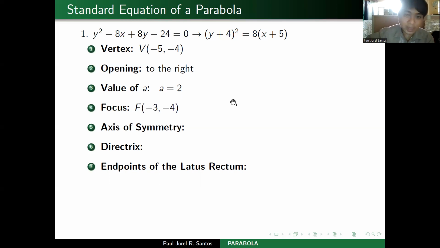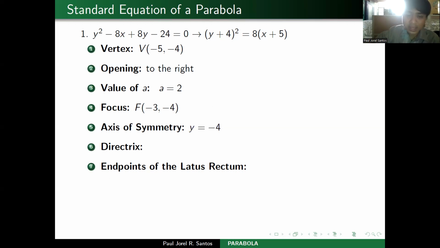Because negative 5 plus 2 will give us negative 3, and then we have the ordinate as negative 4. Now for the axis of symmetry, I stand corrected, it is y equals k, and our k here is negative 4. So we have the axis of symmetry as y equals negative 4.